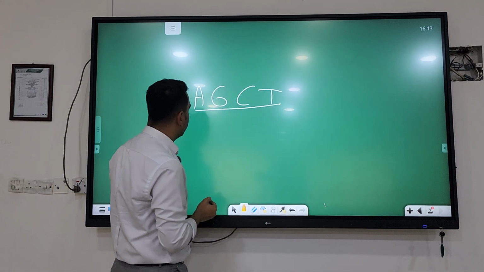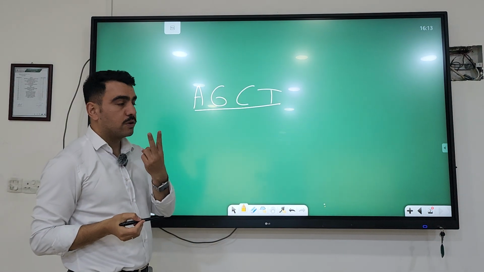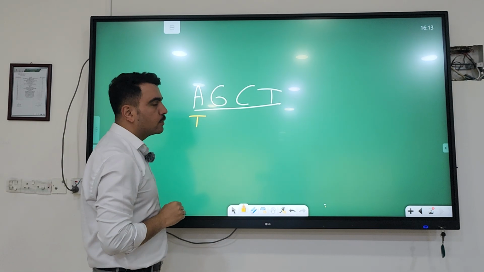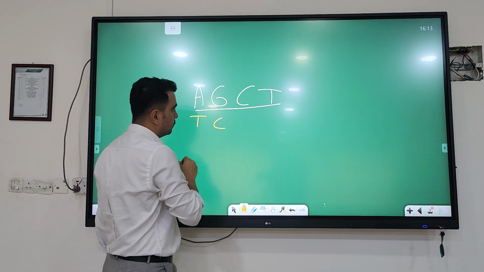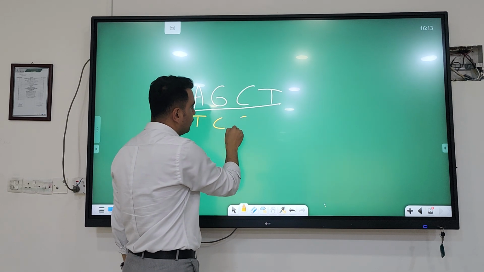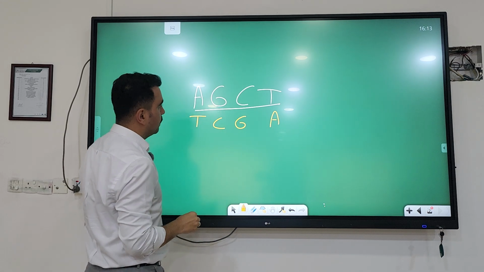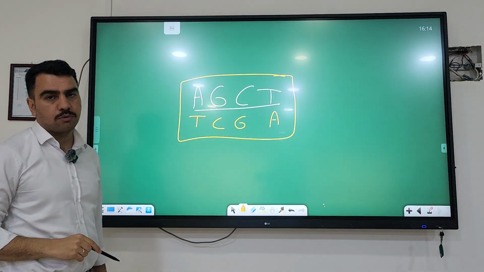It's very easy. We said adenine always makes 2 hydrogen bonds with thymine, isn't it? And guanine makes a bond with cytosine. Cytosine makes a bond with guanine. So thymine makes a bond with adenine. This is the solution of any question that can be asked in the exam.